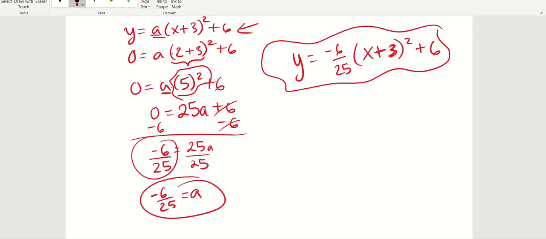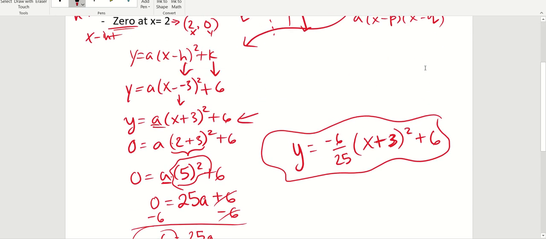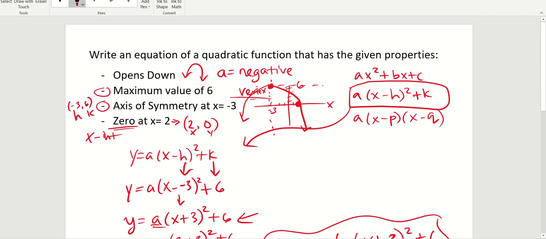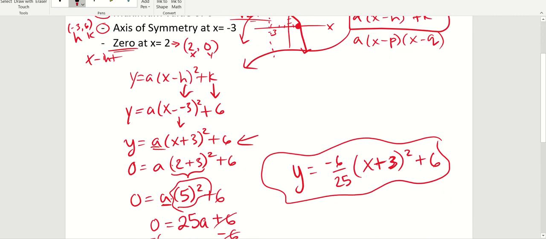If I graph this in the calculator, I am going to verify and confirm that it is opening down, has a maximum value of 6, has an axis of symmetry at -3, and the 0 is at 2.